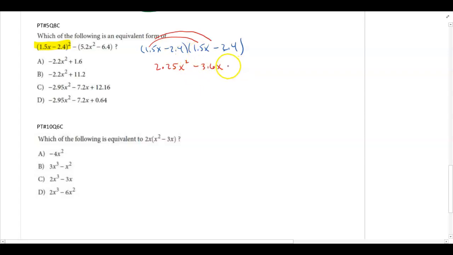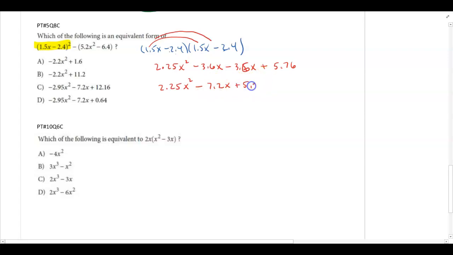Negative 2.4 times 1.5x gives me minus 3.6x, and negative 2.4 times negative 2.4 gives me a positive 5.76. When I simplify, I get 2.25x squared minus 7.2x plus 5.76.